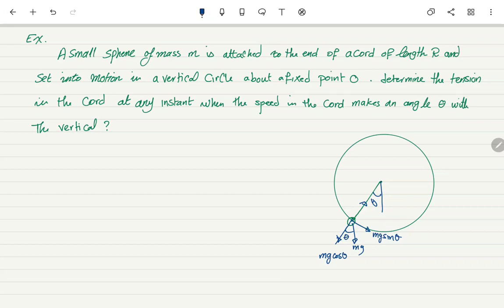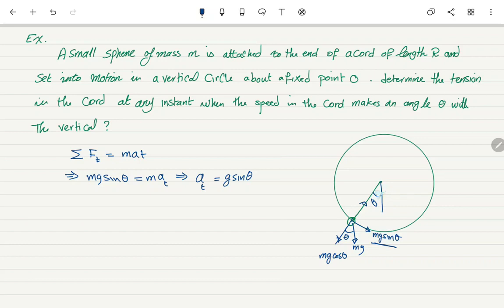Now, the sum of all forces in the tangential direction is equal to m a tangent. In this case, mg sine theta equals m a tangent, so a tangent equals g sine theta. Now to find the tension in the cord, let's analyze this one.